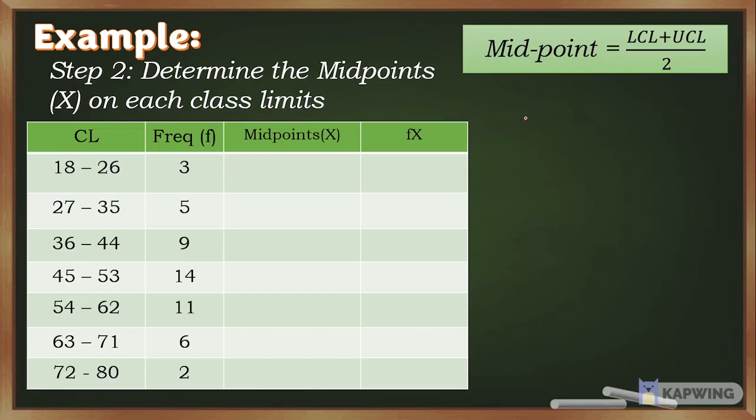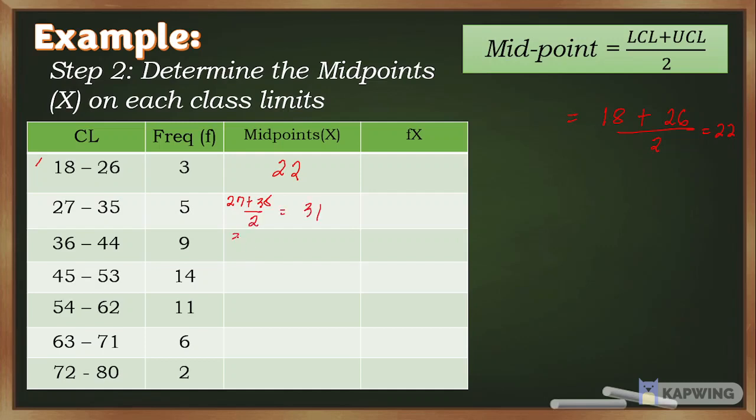For example, the midpoint of 18 to 26 is equal to 18 plus 26 over 2, which is equal to 22. Next, 27 plus 35 divided by 2 is equal to 31.